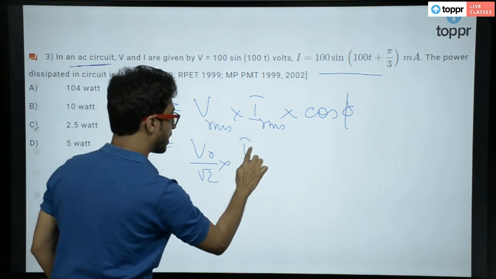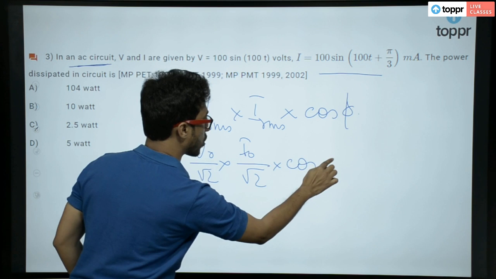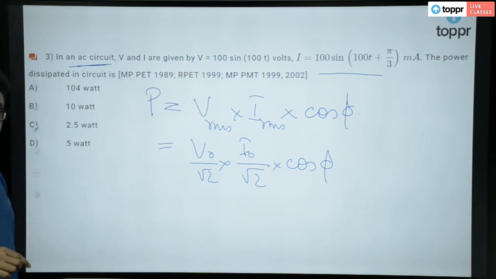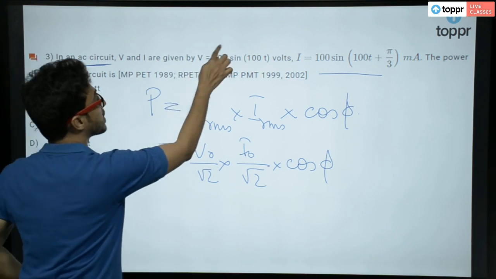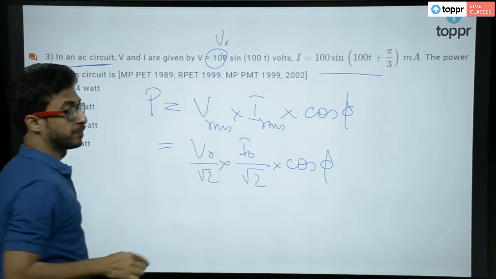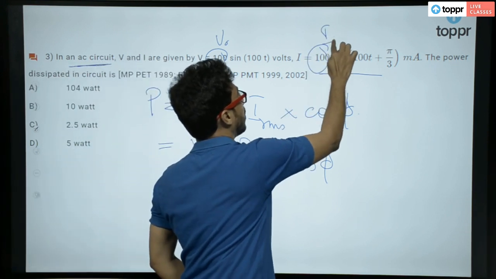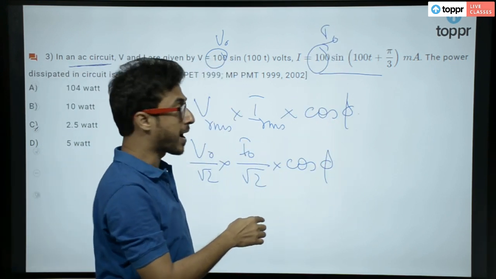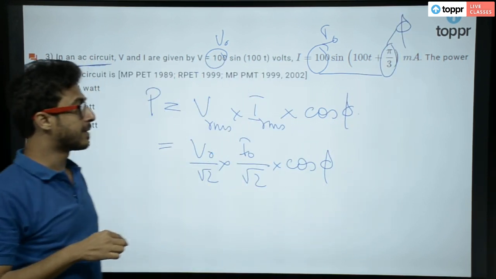Irms is I0 by root 2. Now see, V equal to this, so this is V0, and I0 is this, and the phase phi is this.